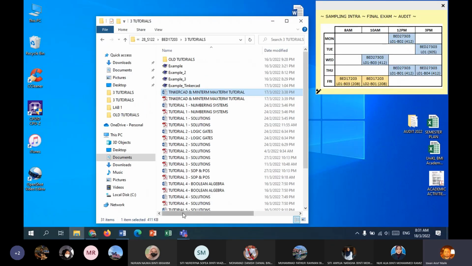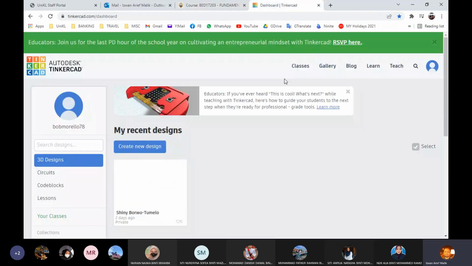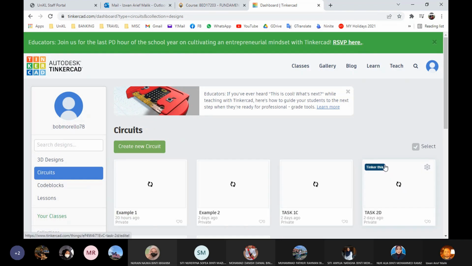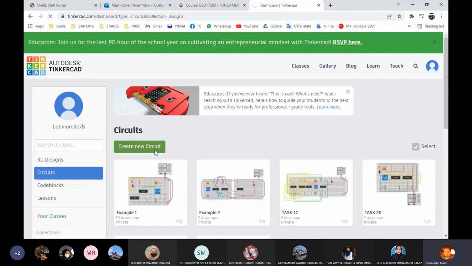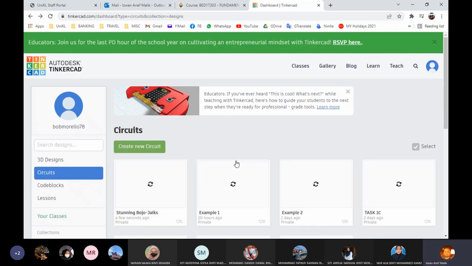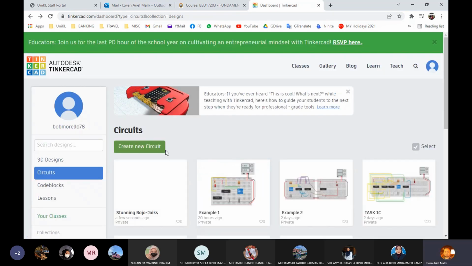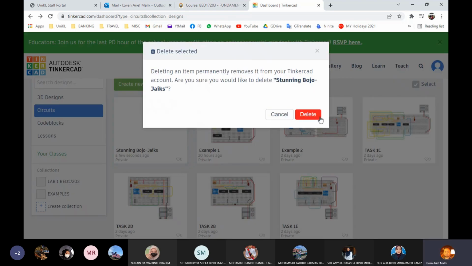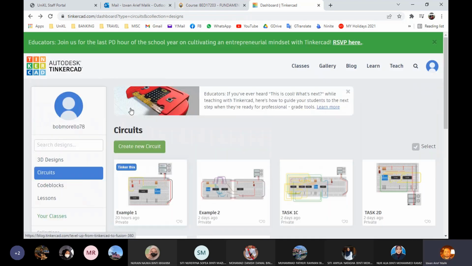Okay, so the first one is to design. I'll create a new circuit. We have to click on circuit here, and when you have clicked, then you create a new circuit.